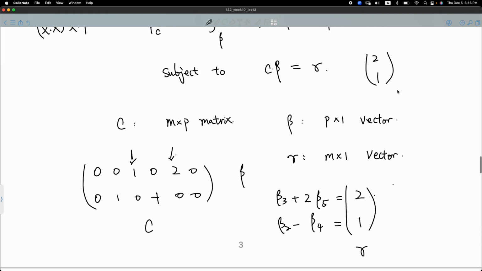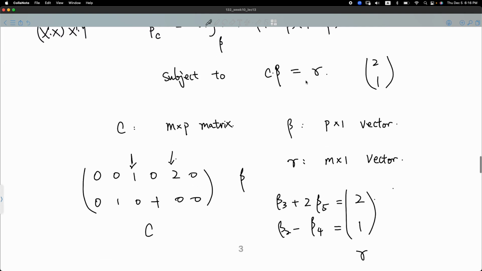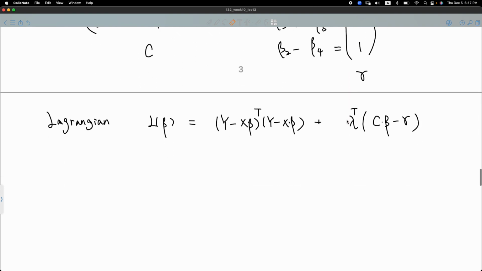The constraint is that C multiplied by beta equals gamma, and for the Lagrangian you write it as C beta minus gamma equal to 0. This part will serve as the constraint that you input into the objective function.